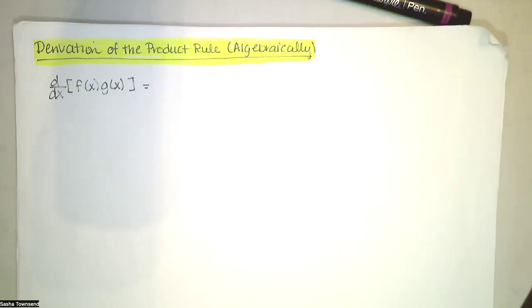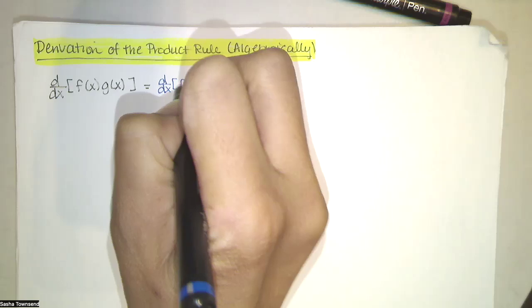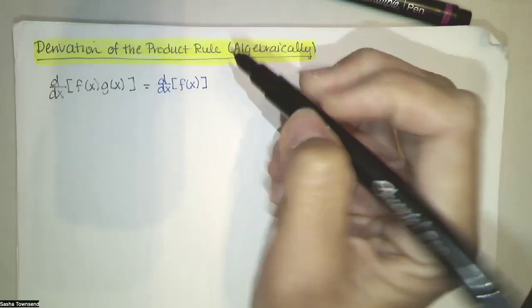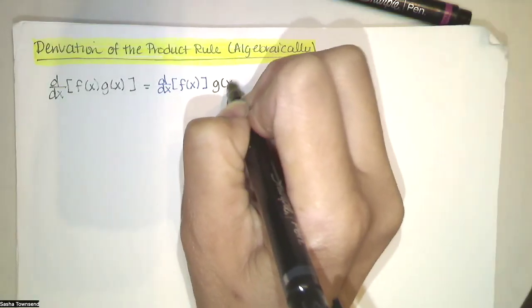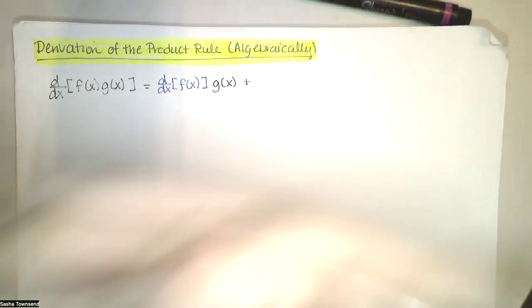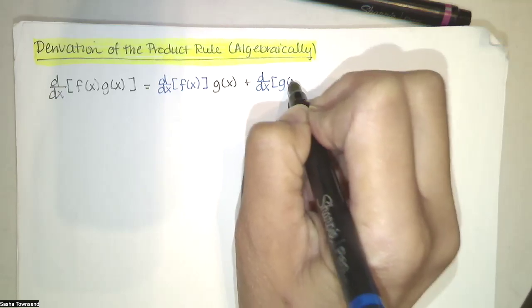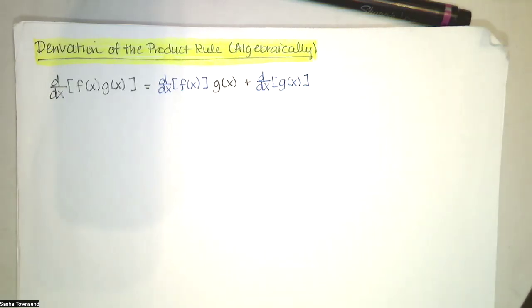I've got the derivative of a product is the derivative of the first function times the second function, undifferentiated, plus the derivative of the second function times the first.